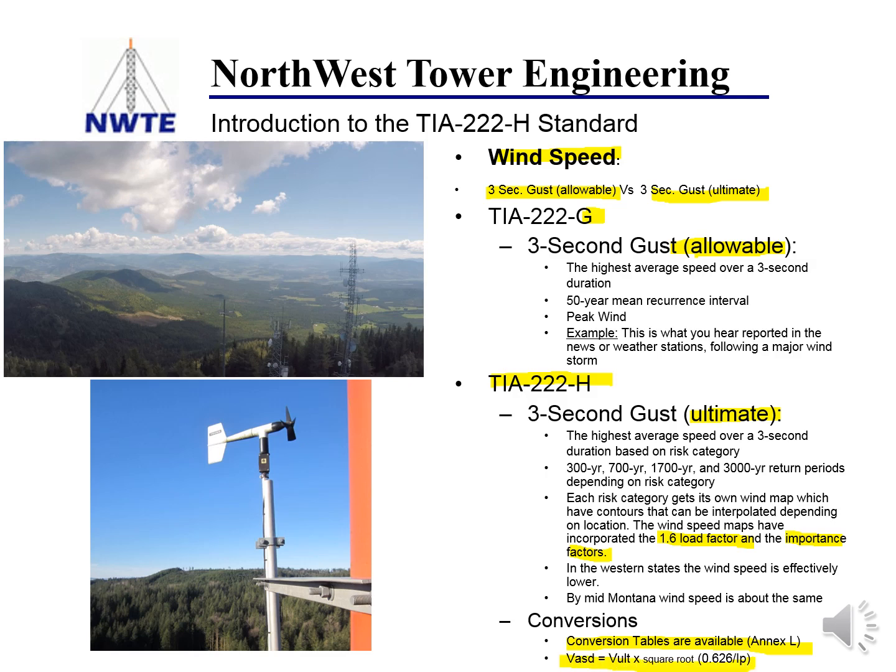So V allowable, that's the wind speed allowable, is V ultimate wind speed times the square root of 0.626 divided by the importance factor. So the 0.626 is in fact the inverse of this load factor, and the importance factor, they don't tell you what the importance factor is anymore, but we've been able to derive that.